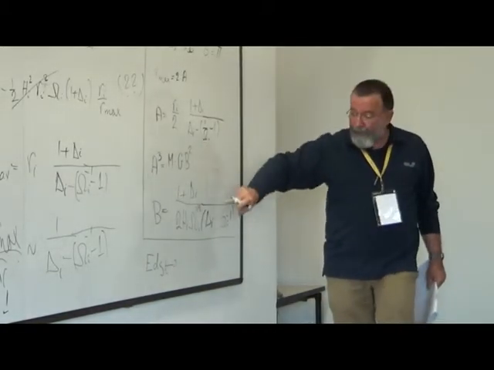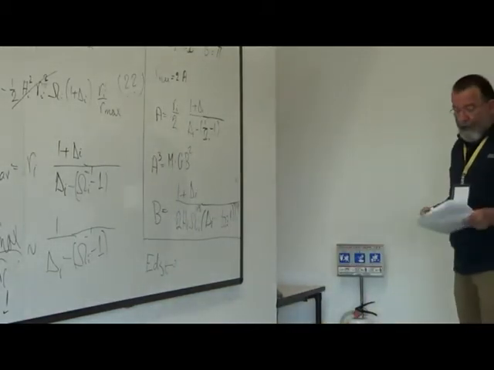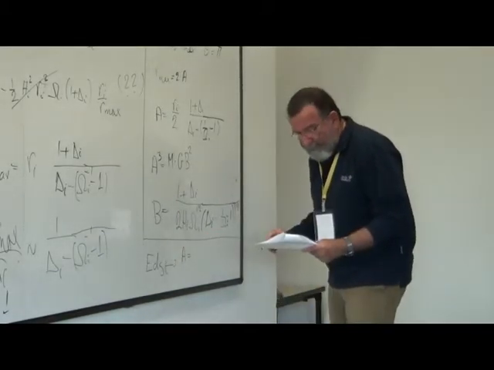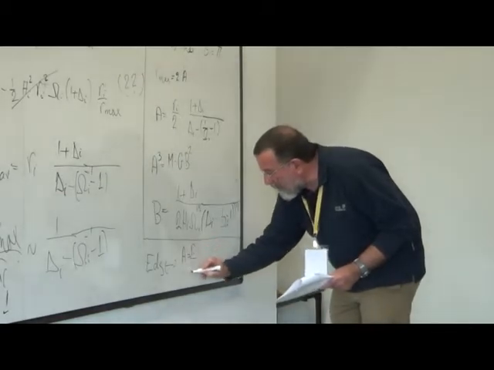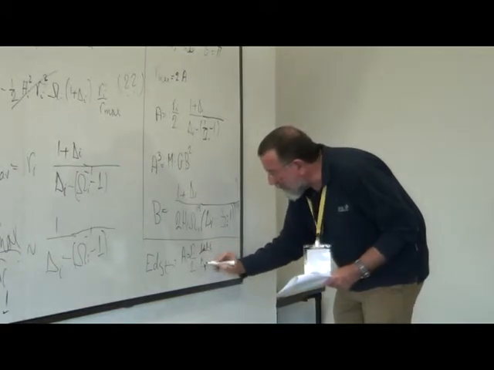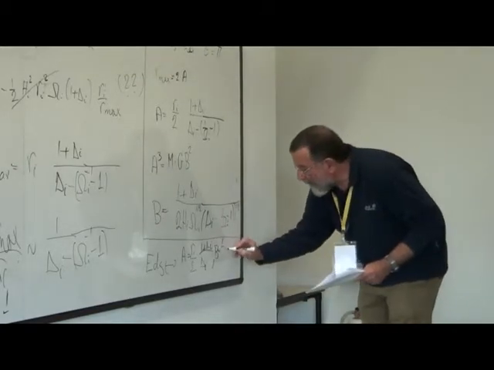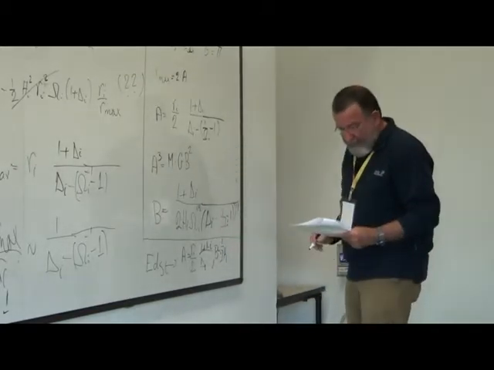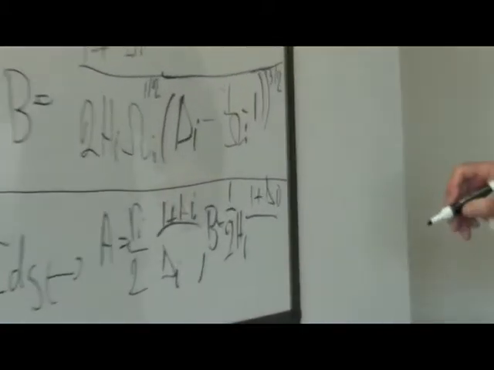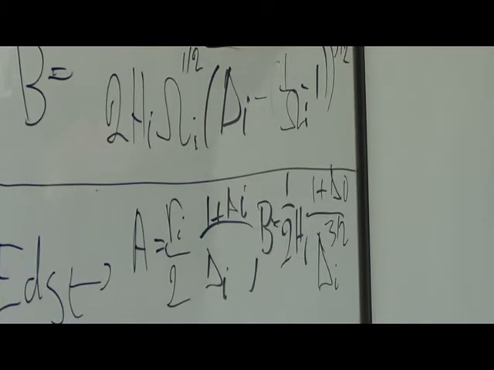Then A equals Ri over 2 times 1 plus delta I divided by delta I, and B is 1 over 2HI times 1 plus delta I divided by delta I to the power of 3/2.